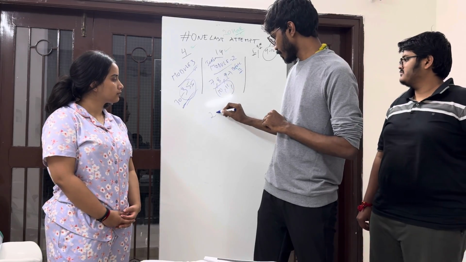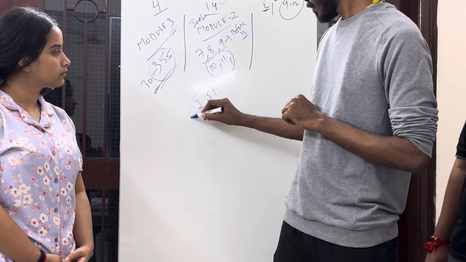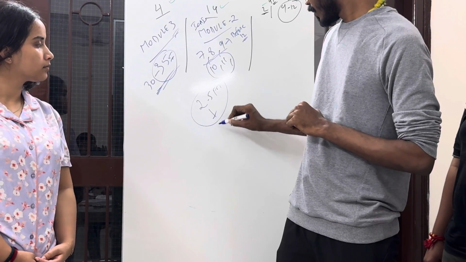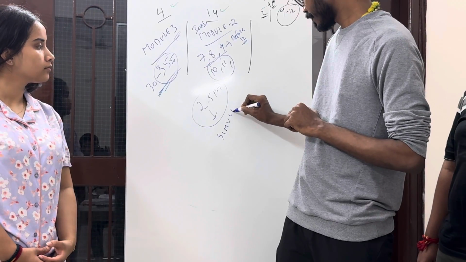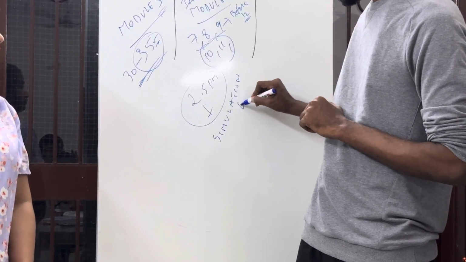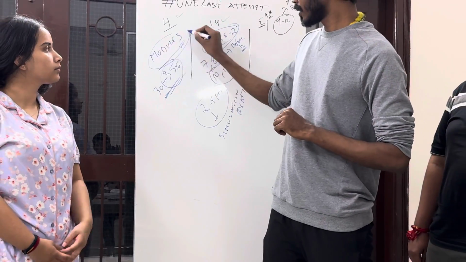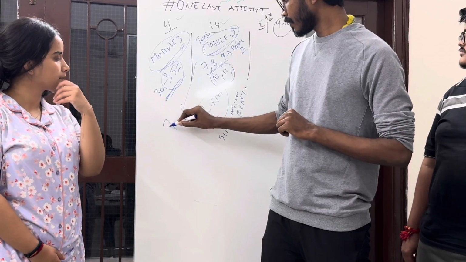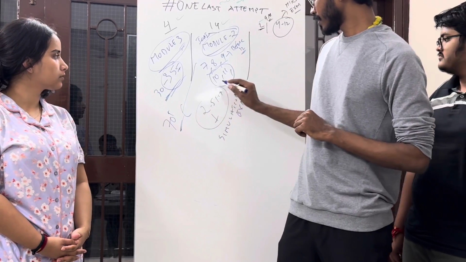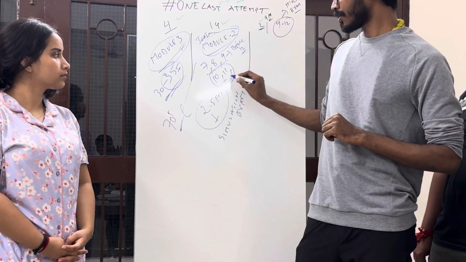Now 2 to 5 p.m. tomorrow, we'll do a simulation exam. Since you'll be covering module 2 and module 3 together, a weightage of 70 plus marks is already covered by 12 o'clock, except these 2 chapters.